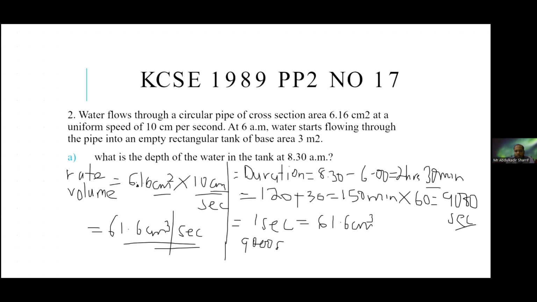So you take 9,000 times 61.6. It will be 554,400 cubic centimeter.